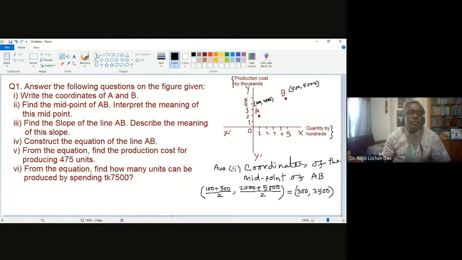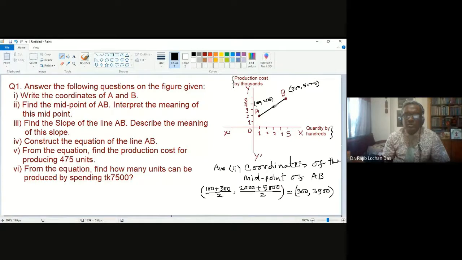If you want to show this in the figure, I can also give a question like that: show it in the figure. So you draw it and then show this in the figure. The middle point will be in the middle. So what will be the middle? 3 and 3.5.